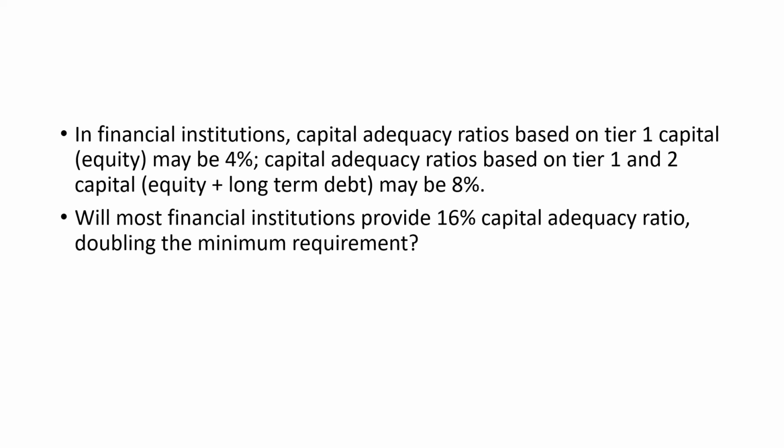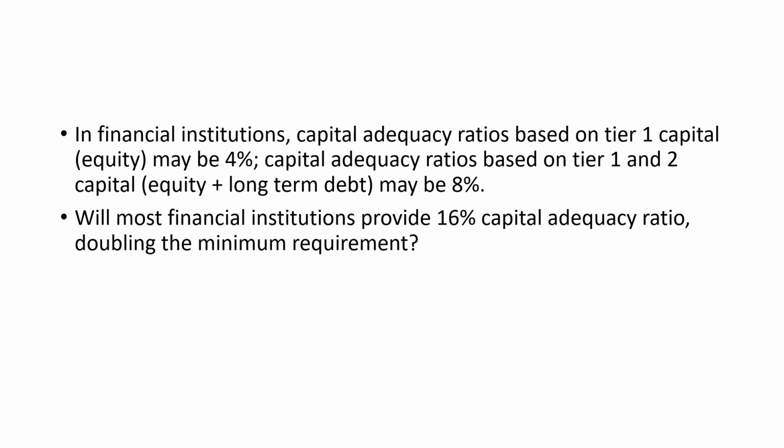In financial institutions, capital adequacy ratios based on Tier 1 capital equity may be 4%. Capital adequacy ratios based on Tier 1 and 2 capital equity plus long-term debt may be 8%.